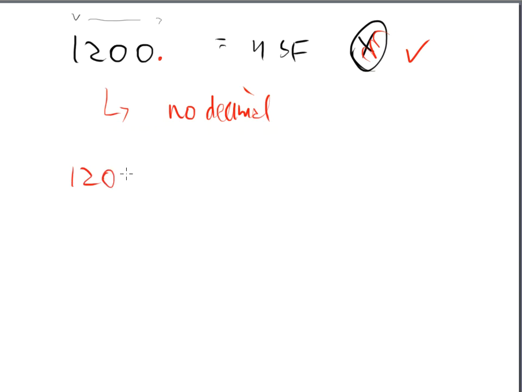However, if we go back and just look at the 1200 as this question was written, there is no decimal point. So what we do in this case is we have to understand that these zeros at the end of a number, if it has no decimal and the zeros are at the end, we do not count those.